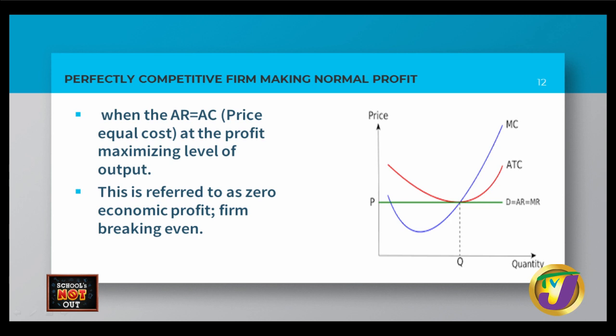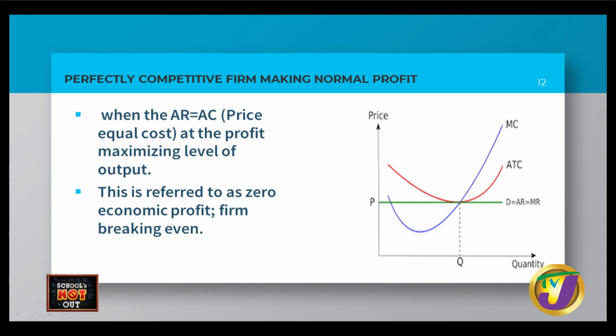Now, before the previous slide asks, why is it that the firm will only make abnormal profit in the short run? The reason for this is that if they are making abnormal profit, because there are no barriers to entry, other firms will enter the market.